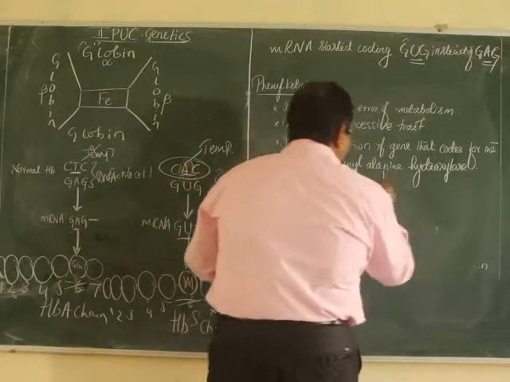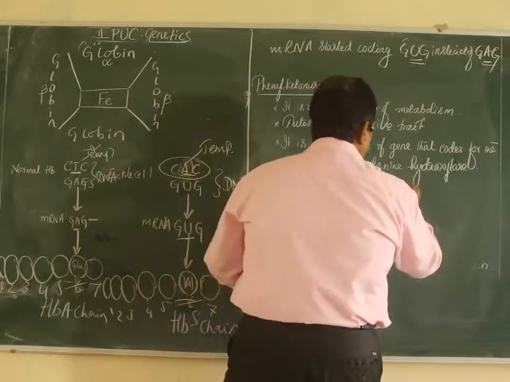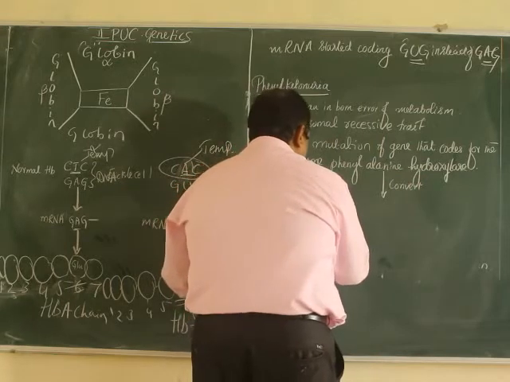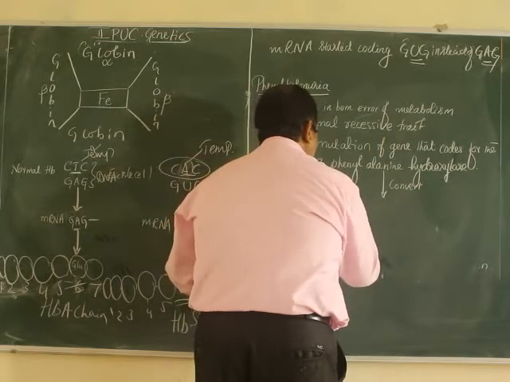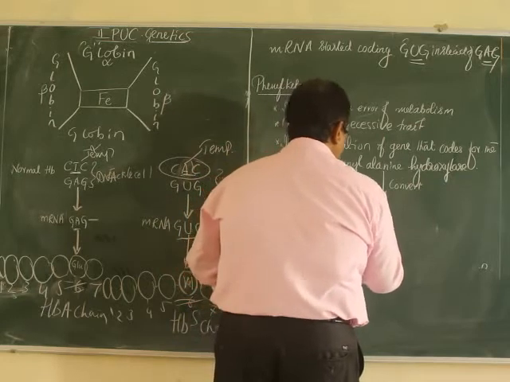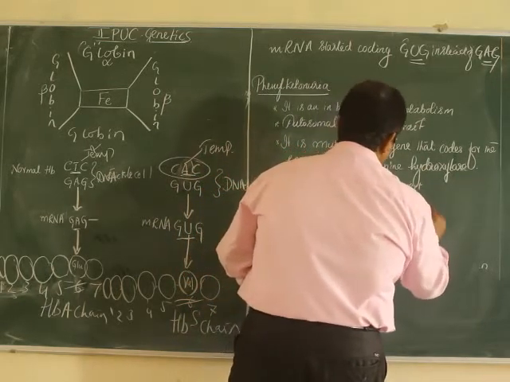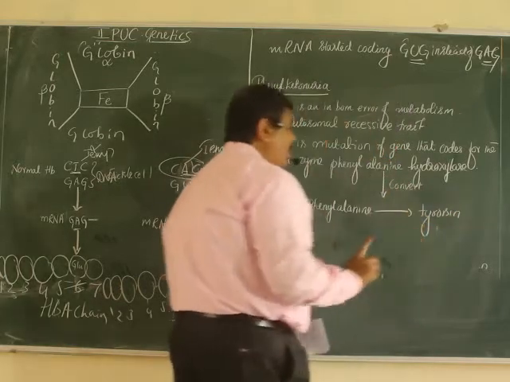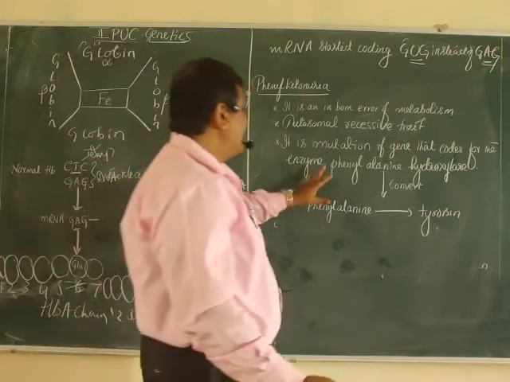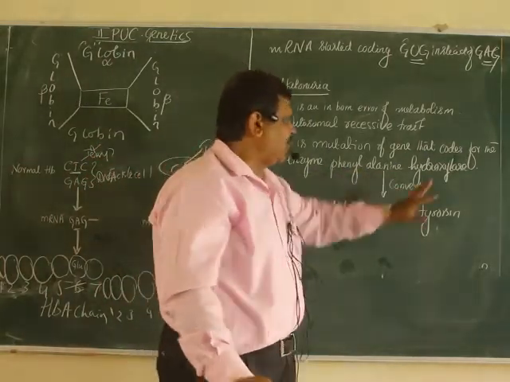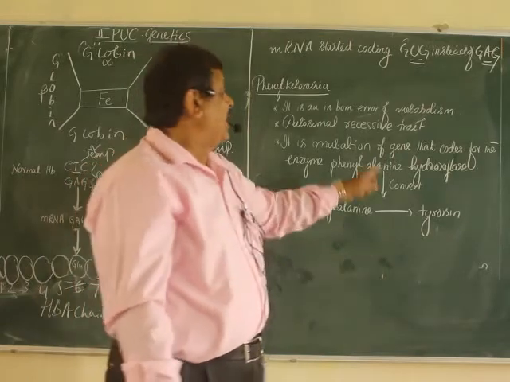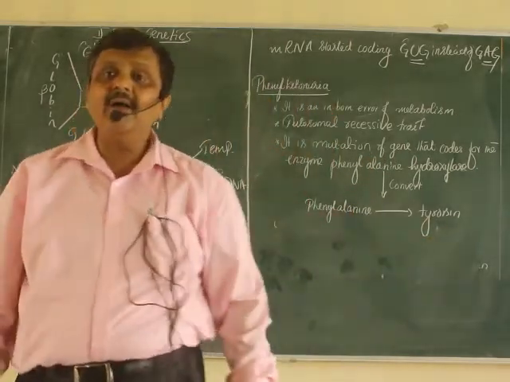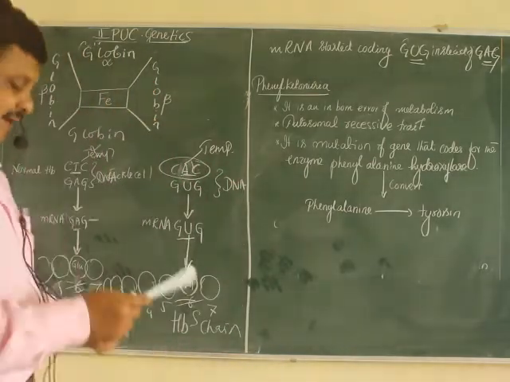This enzyme helps to convert phenylalanine into tyrosine. That is the process that should occur normally in the human body. Phenylalanine hydroxylase is able to convert phenylalanine into tyrosine.